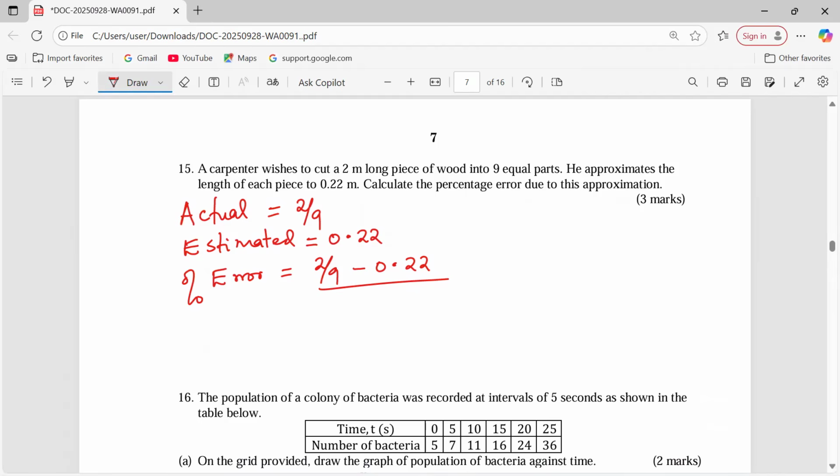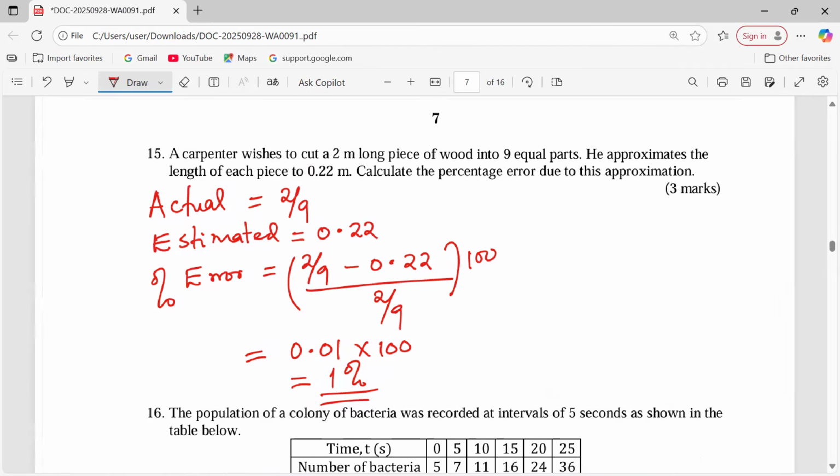So that is the error out of actual value multiplied by 100. So 2 over 9 minus 0.22. Then we divide by 2 over 9. We get 0.01 times 100, giving us exactly 1%. So there is a 1% error involved.